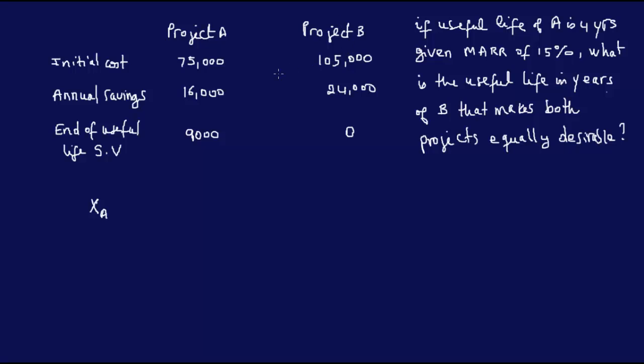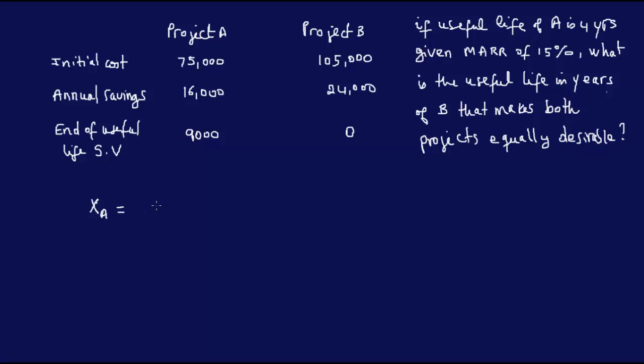So I'm trying to bring it annually. I'm trying to see what the initial cost would be if it was considered annually. This is the present value, because it's the initial cost.